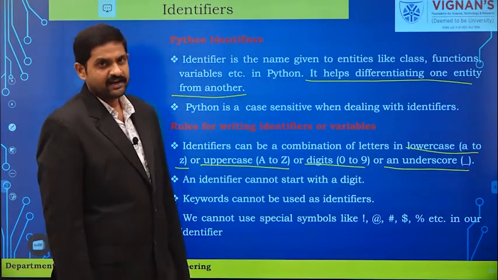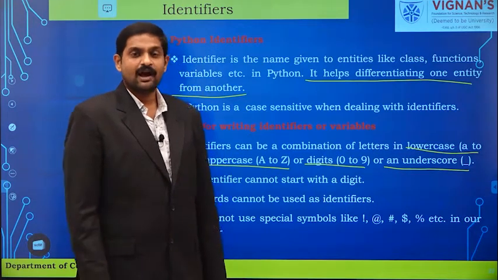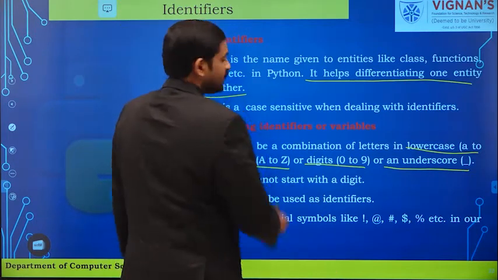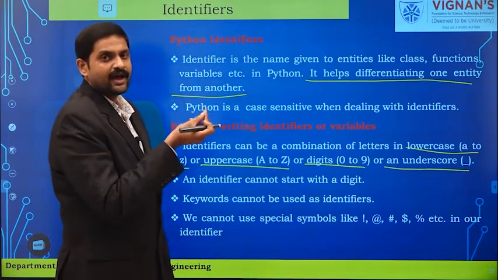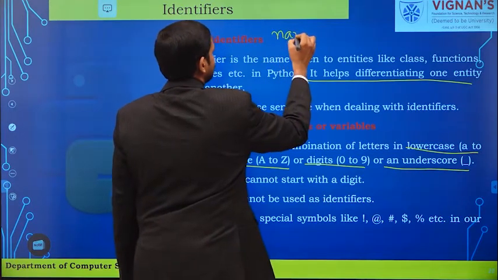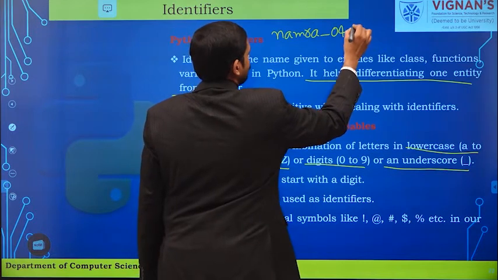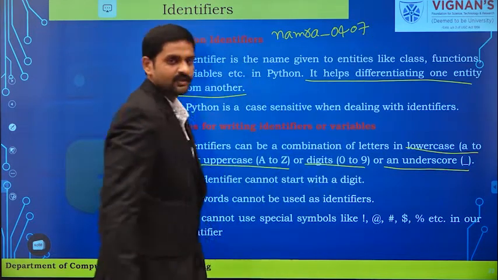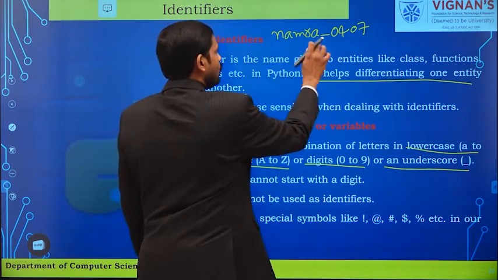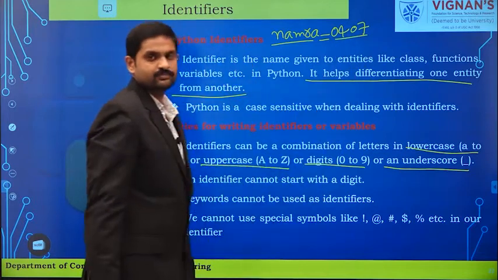Here I will show an example for an identifier. Namra underscore 0407. Is it the correct one? Yes, because it has lowercase letters, underscore, digits.